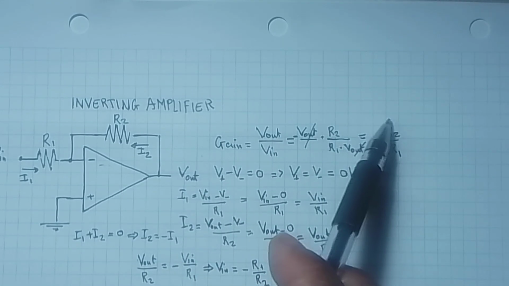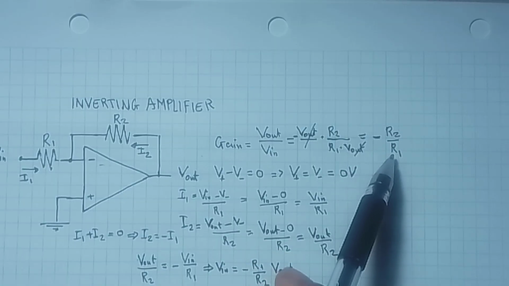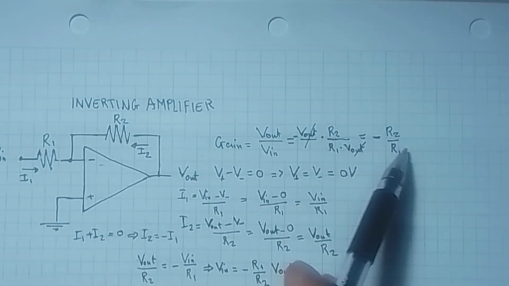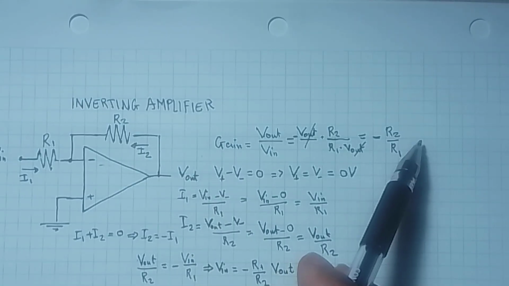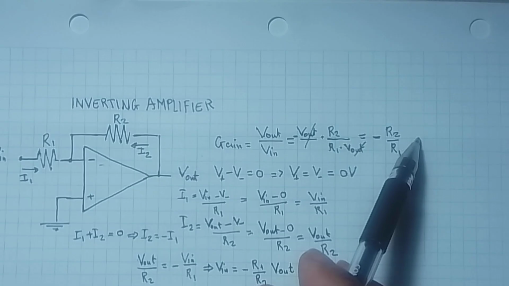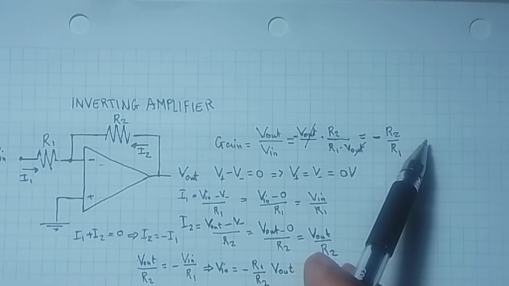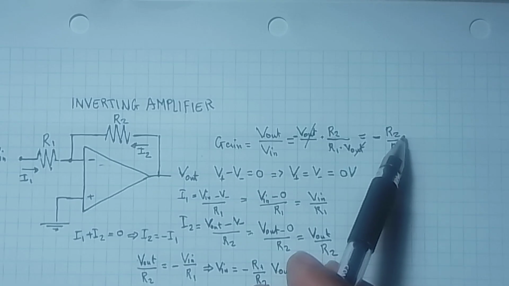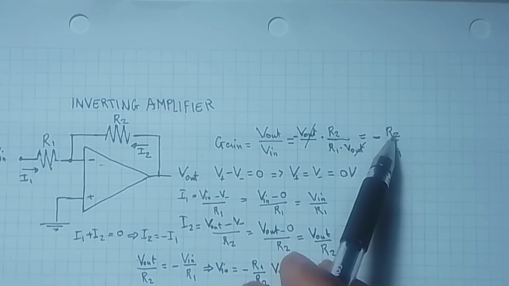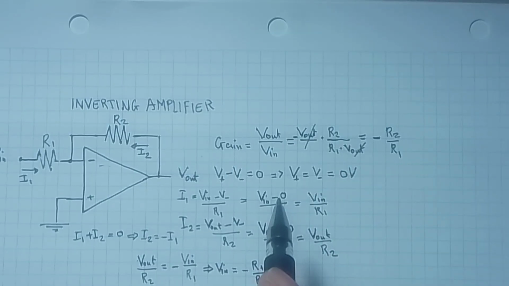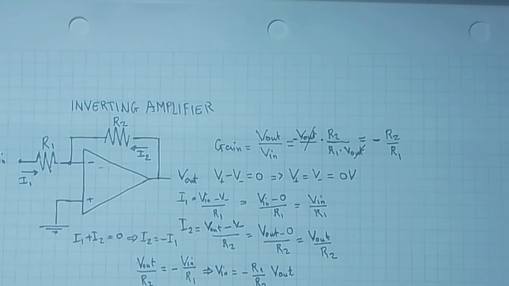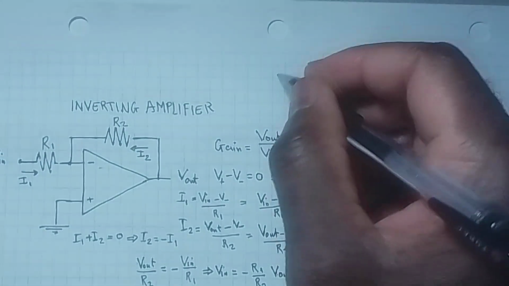And also we can notice that if R1 and R2 are the same, then we get the gain to be -1. So in case of R1 equals R2, we get what is called a unity gain inverter. So let me write it here.